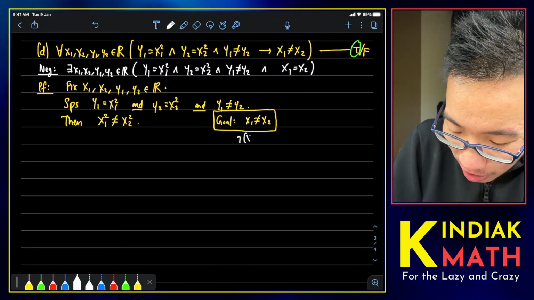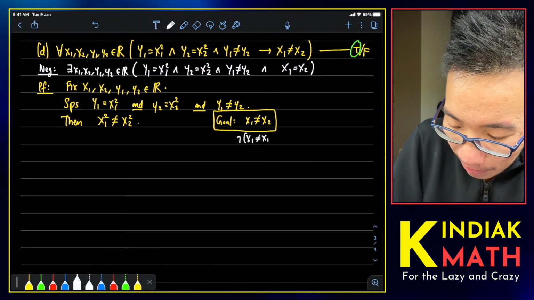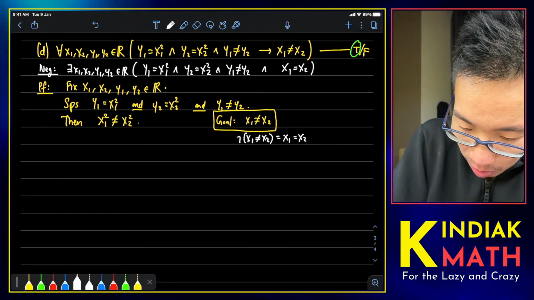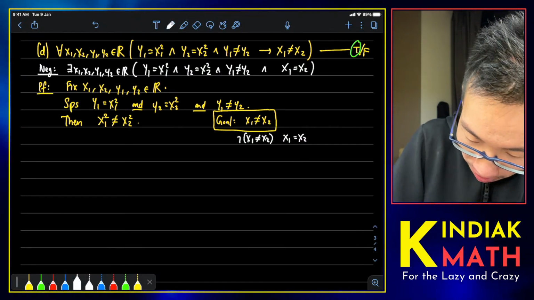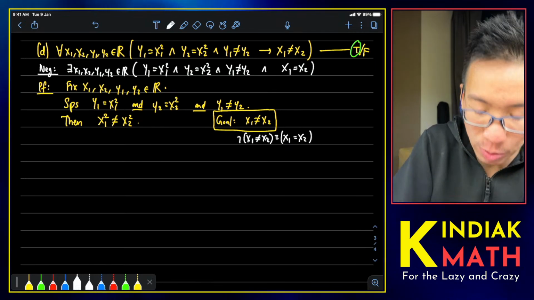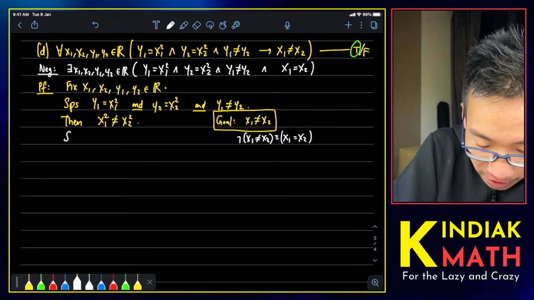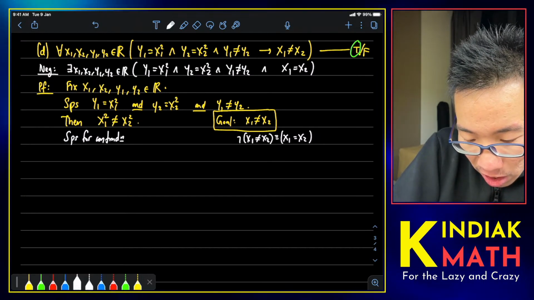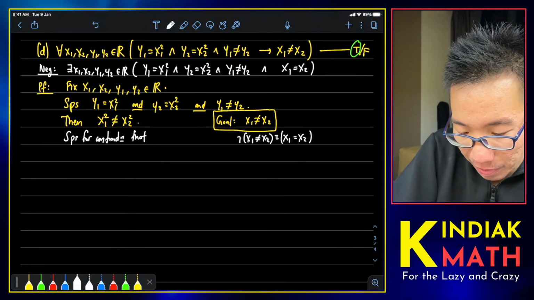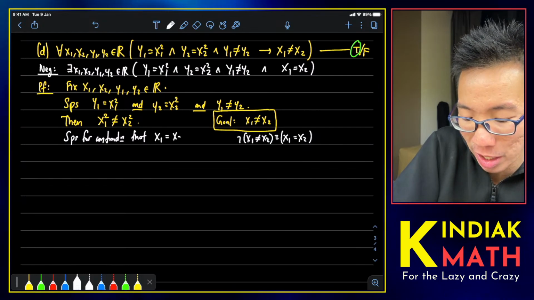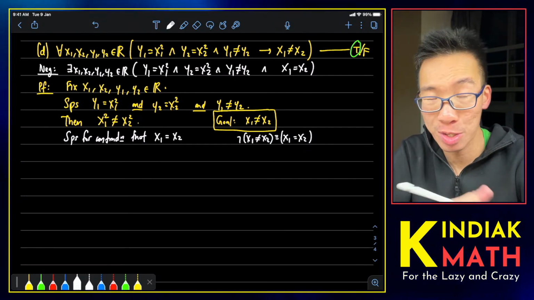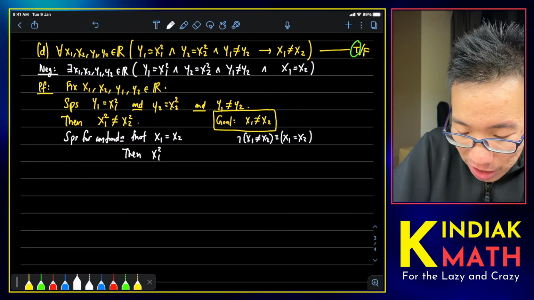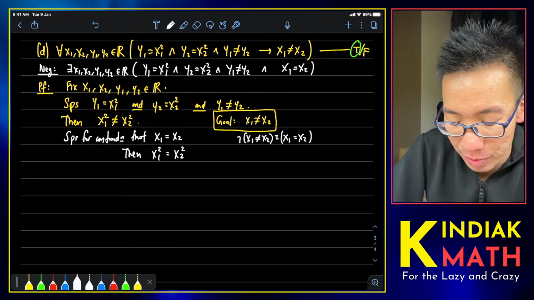So the negation of this guy is x1 equals x2. So we will suppose for contradiction that x1 equals x2, and when we square the two numbers, then x1 squared equals x2 squared.